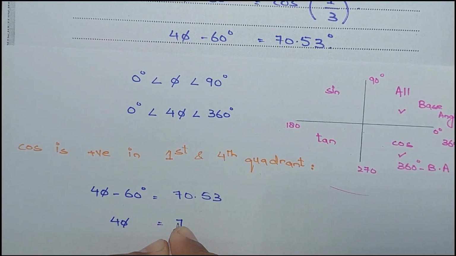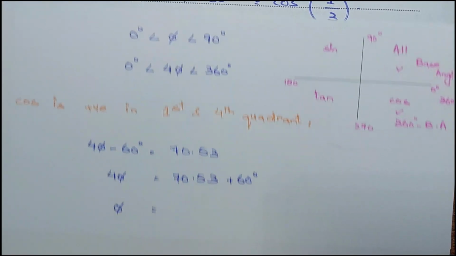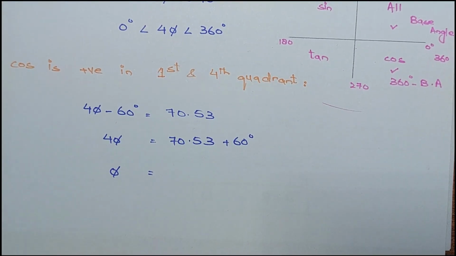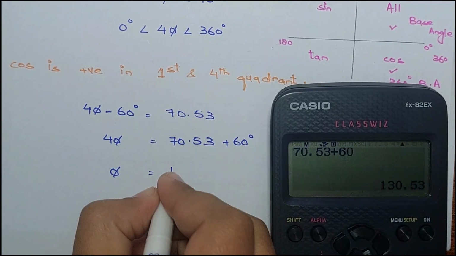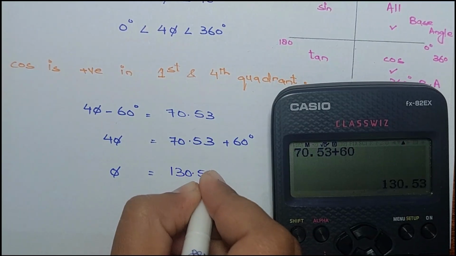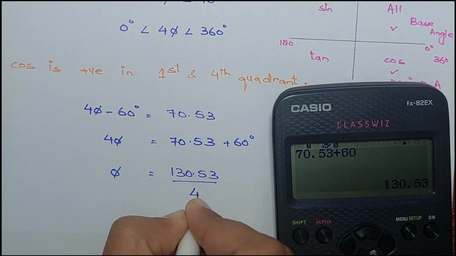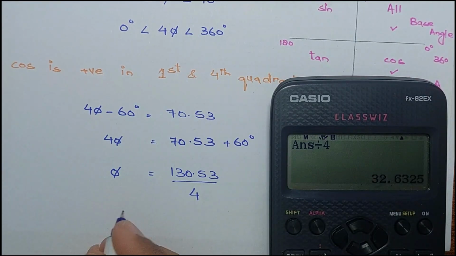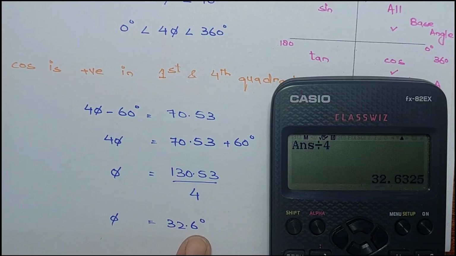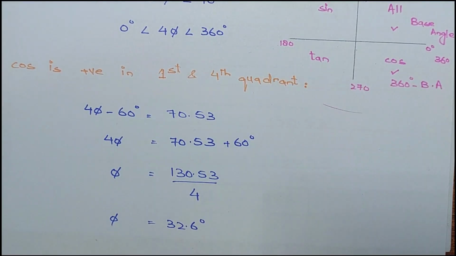Phi is (70.53 plus 60 degree) divided by 4, right? Let me simplify. 70.53 plus 60 is 130.53, and divided by 4 is 32.6. Phi is 32.6 degrees, and this value of phi is between 0 and 90, right?